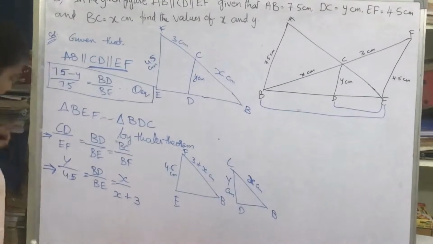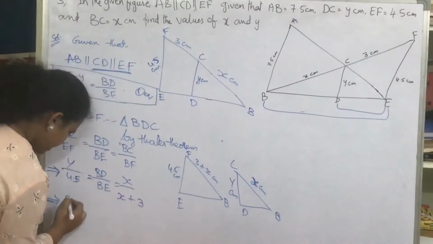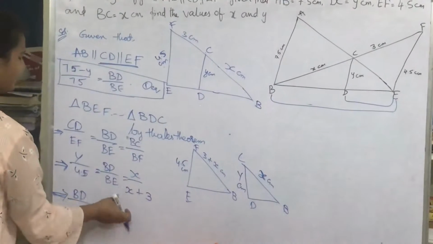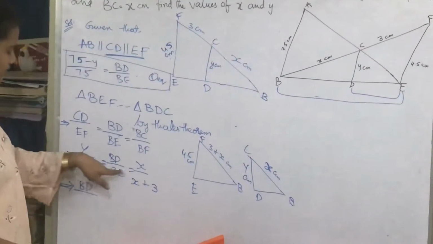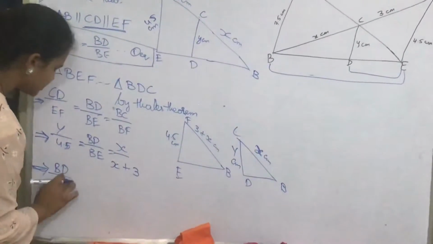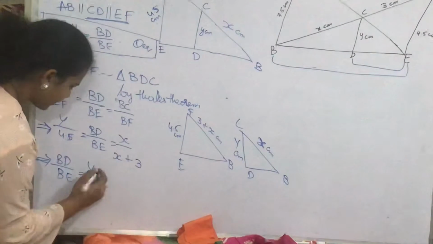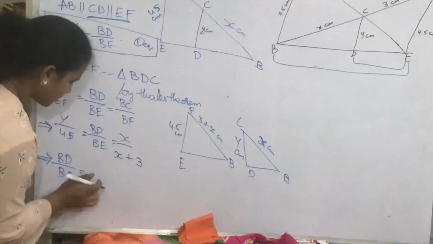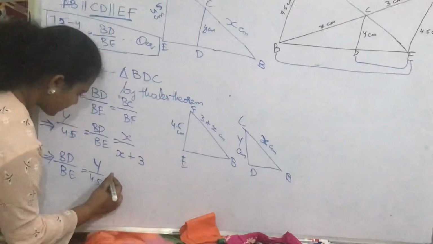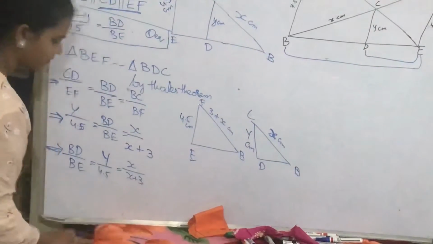Now we can rewrite this equation. Just carry this BD by BE to this side, with ratios at particular positions: BD by BE equals y by 4.5 equals X by X plus 3.